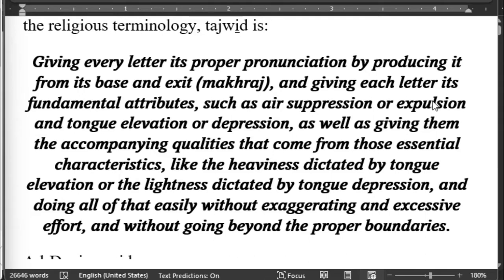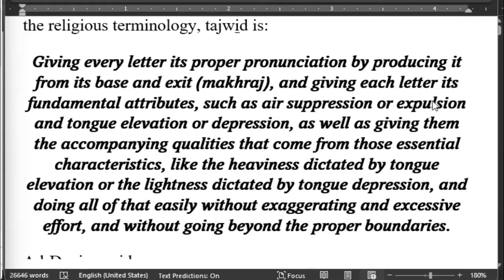Because when you say kha, you are expelling air. But when you say ghain, you're actually suppressing the air, not releasing the air. That's not to say that no air got out. Or what's the difference between letter dal and letter ta?